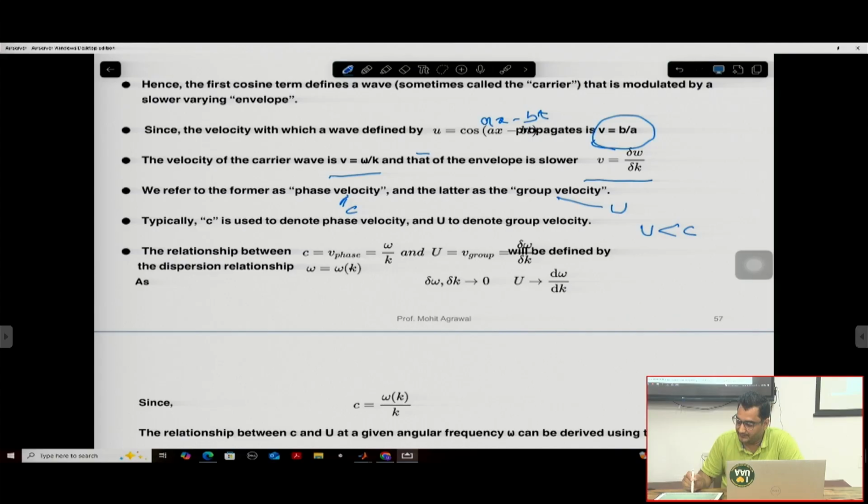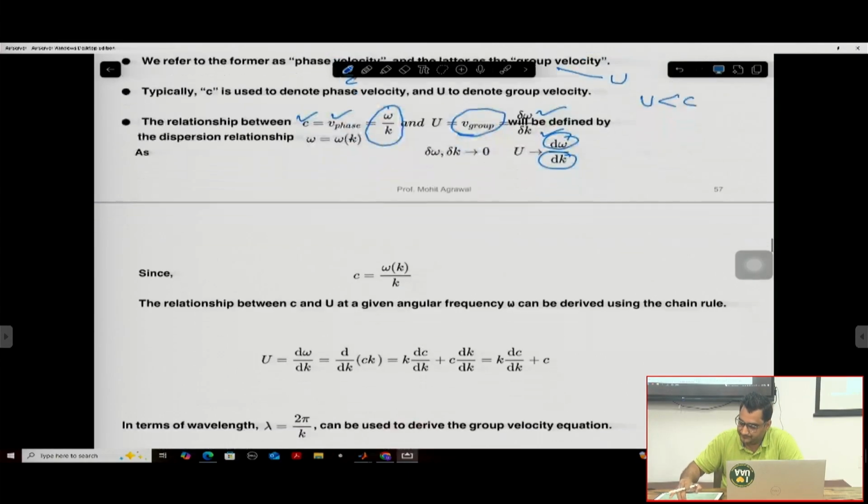So typically c is used to denote the phase velocity and u to denote the group velocity. The phase velocity c is equal to omega by k. And the group velocity, capital U or V group, is equal to del omega by del k. If del omega and del k are very small, tending towards 0, it can also be written as d omega by dk, right?